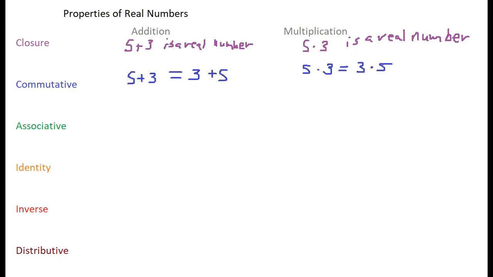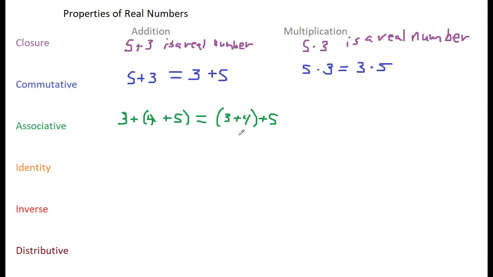Now, my next property is associative. Think of the associative property as the grouping property. It changes the groups that the numbers associate in. So, for example, if I had 3, 4, and 5, 3 plus 4 plus 5. I can change the groups and add 3 plus 4 first, and then add 5 to that answer.